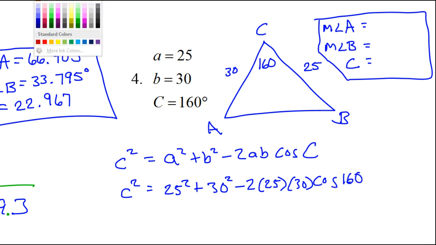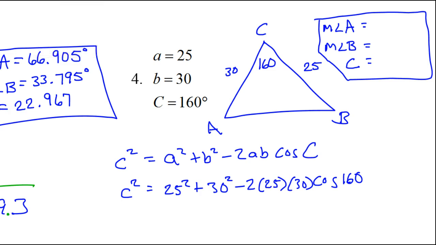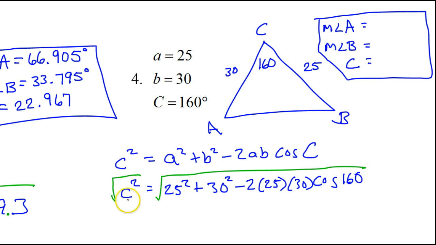So we want side C by itself, so we need to take the square root of both sides, and that will give us side C.